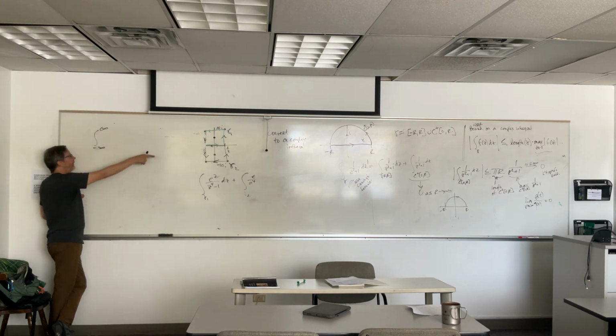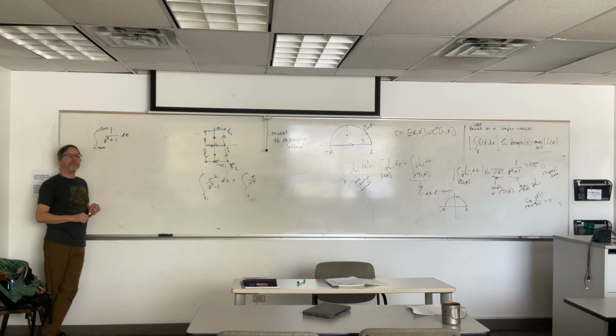I'm actually thinking I said something maybe wrong over there, but that's okay. The integral of 1 over z to the 4th plus 1 dz. That one will take some work.